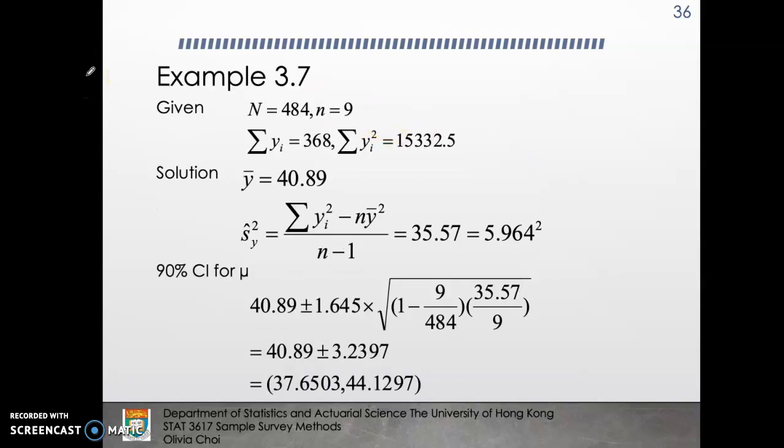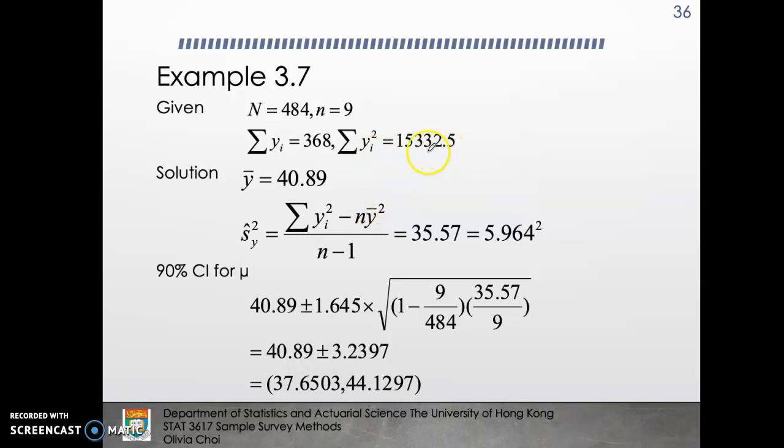Example 3.7, we're given the population size, sample size, and some summary figures, and asked to calculate y bar, which is the summation of yi divided by the sample size. Then s_y squared, the sample variance. To remind you, that equals the summation of yi squared minus n y bar squared, divided by n minus 1.